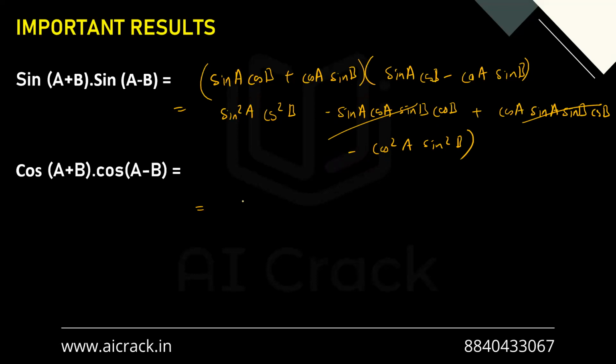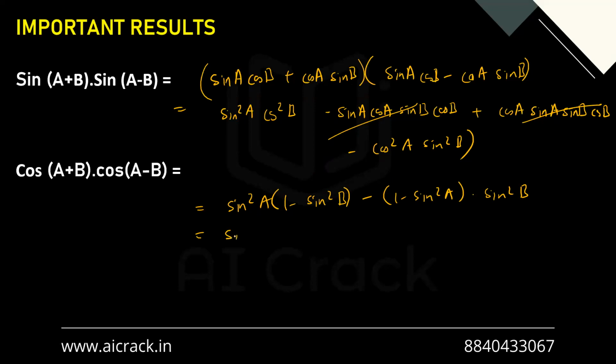So what we can do over here, we can write cos square B as 1 minus sin square B and cos square A as 1 minus sin square A, times sine square B. So basically we have converted everything into sine terms.